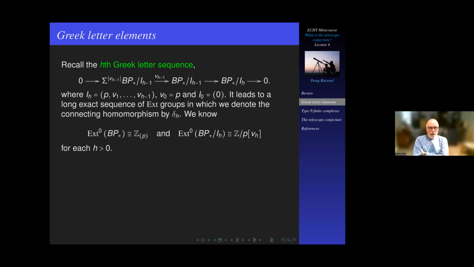Now, we know something about the Ext^0 groups for these gadgets. We know that Ext^0 for BP_* itself is a copy of the p-local integers in dimension 0. And we know that for positive h, the Ext^0 group for BP_*/I_h is a polynomial algebra on v_h, a polynomial algebra over Z/p.